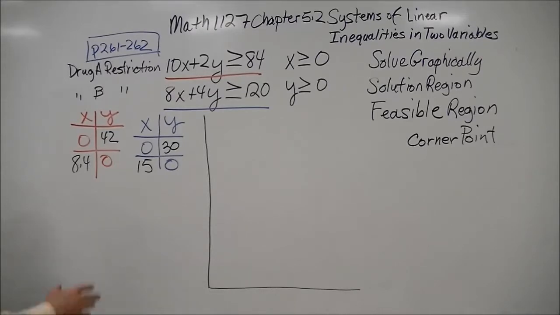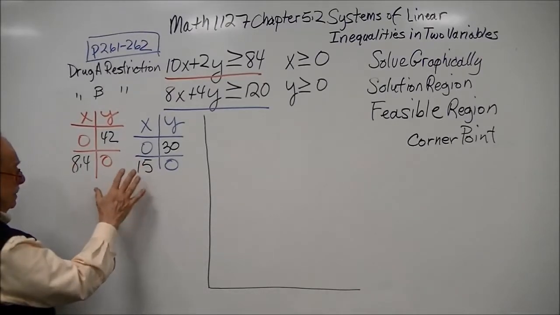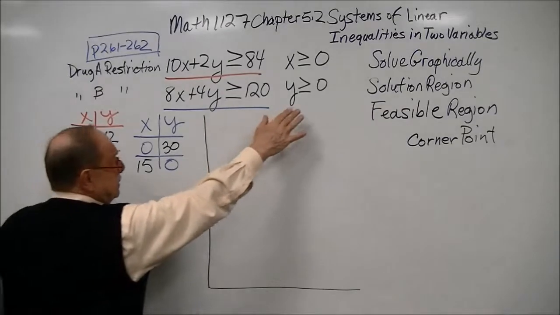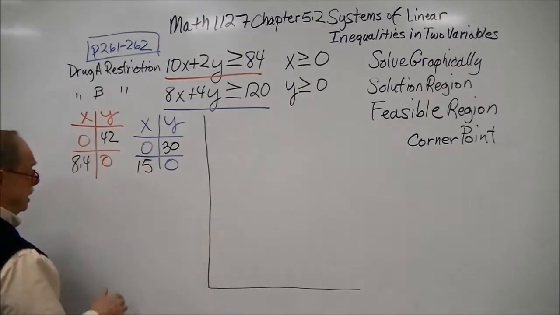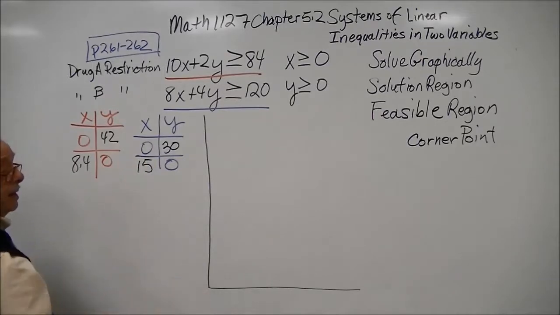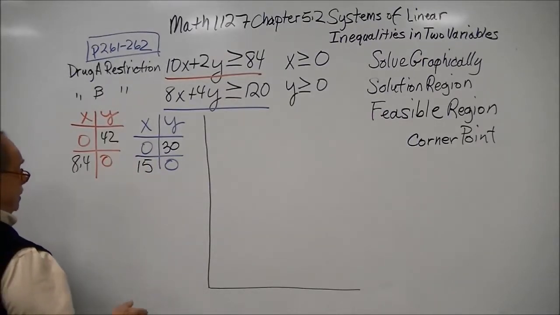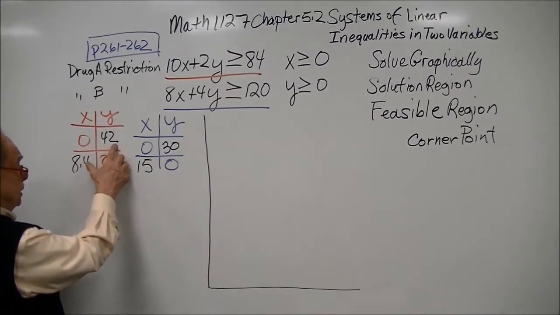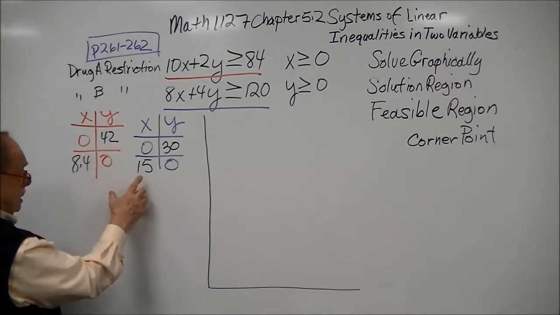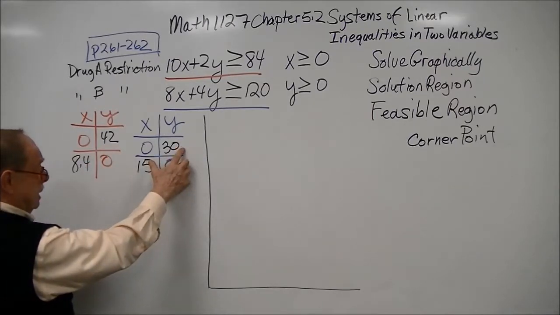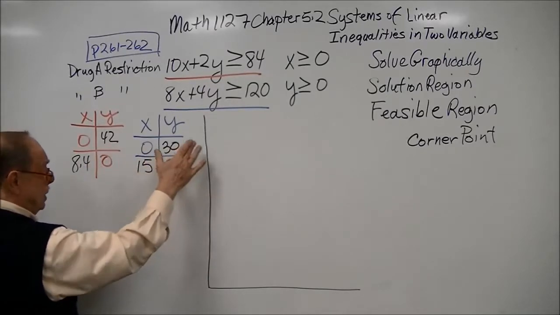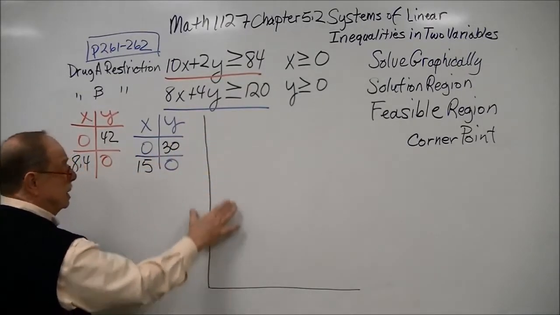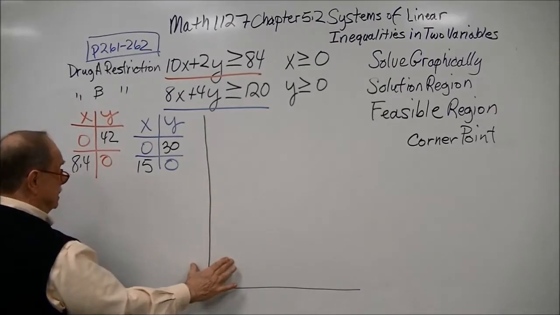So now, based on our little graph, and again, these are the qualifiers, putting it in the first quadrant, what numbers do we need on our graph? Well, here we're going to need a 42, and here we're going to need a 30. So 42, 45, let's say along the y-axis.